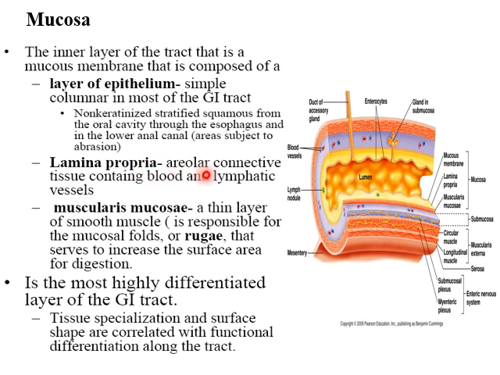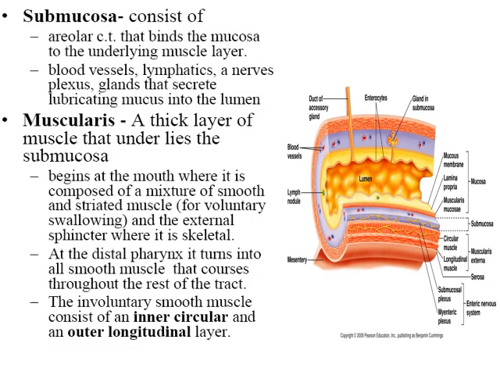This is a loose connective tissue containing blood and lymphatic vessels, and then you have the muscularis mucosae, a thin layer of smooth muscles, which is responsible for different muscular folds or rugae that serve to increase the surface area for digestion. And this is the most highly differentiated layer of the GI tract because of tissue specialization, that is differentiation across the GI tract.